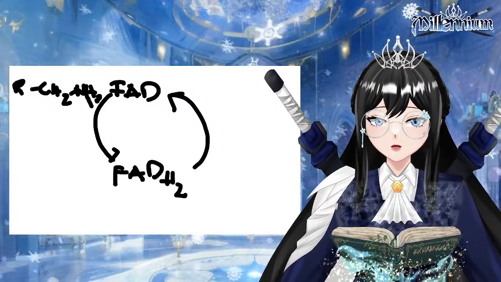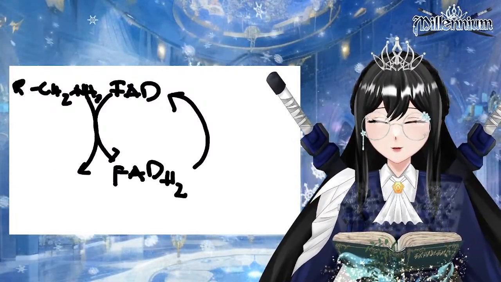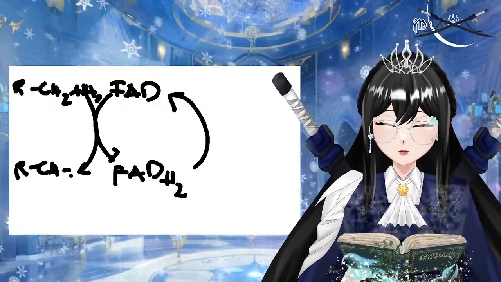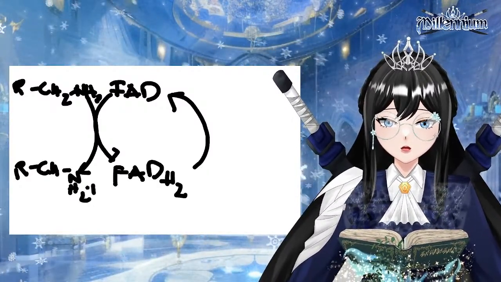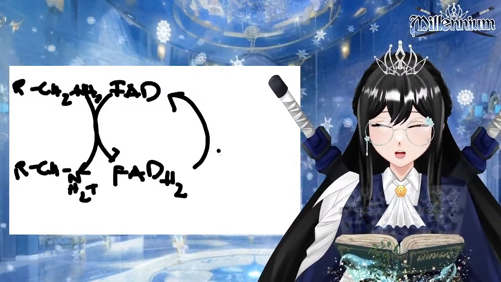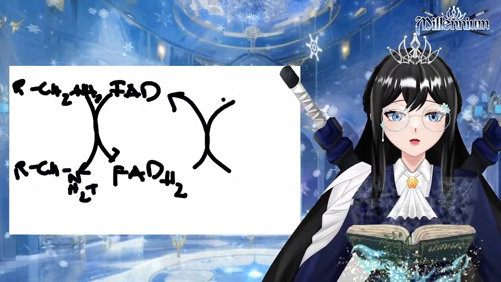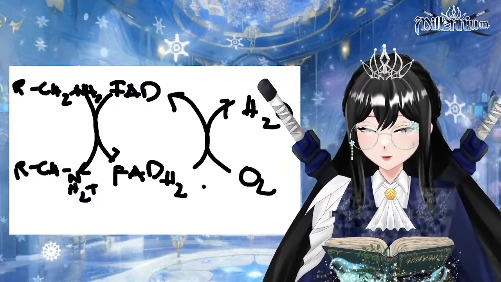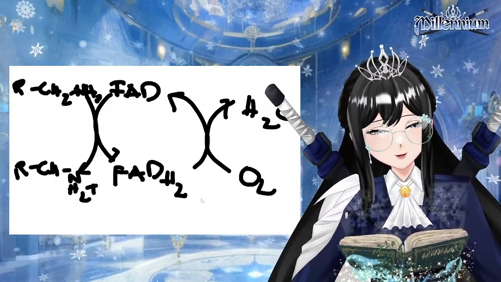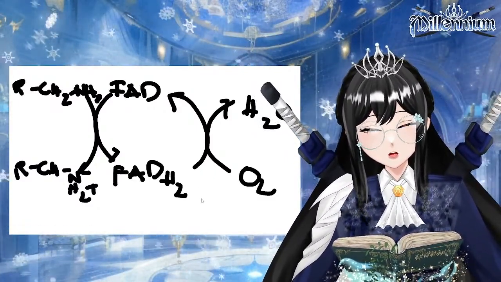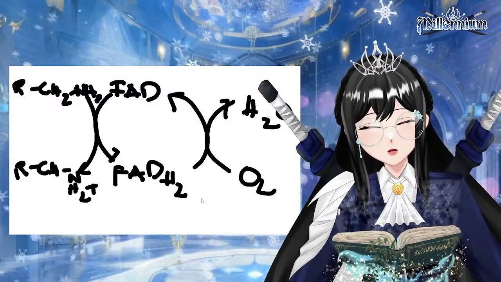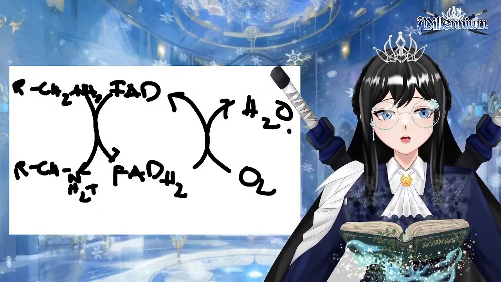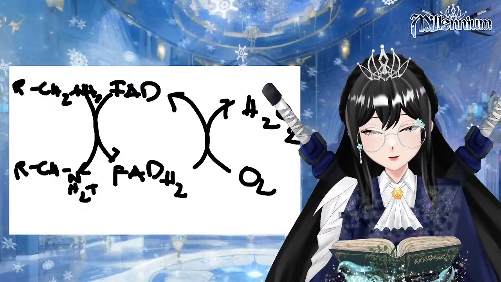That one goes from itself into an RCH=NH2+. And then over here it goes from oxygen to water. So that's what happens to it. The oxygen will reoxidize FADH2, which would then release H2O2.